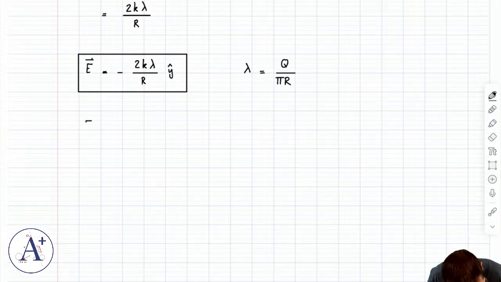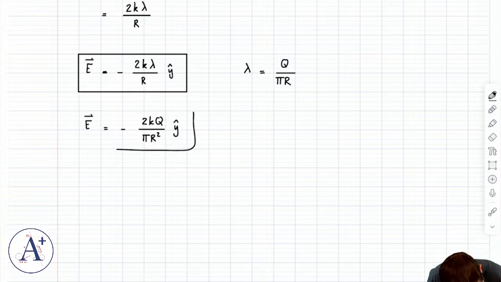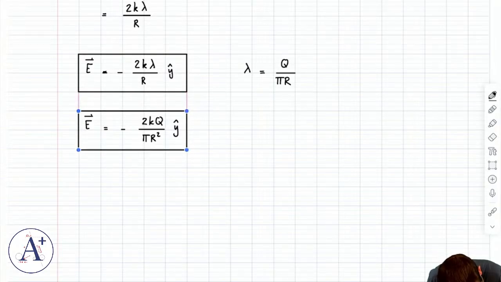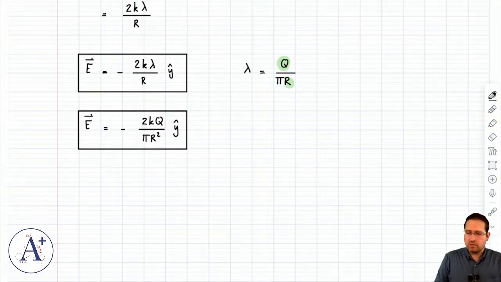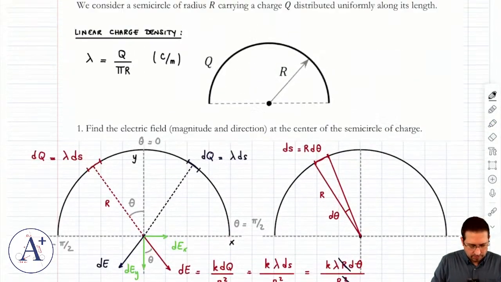So really, our answer should be E is equal to minus 2kq divided by pi r squared y hat. That's the right way to present the answer. But that's because the problem provided me with q and r. Let's go back to the problem.